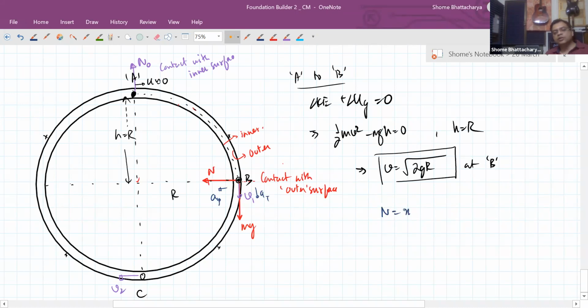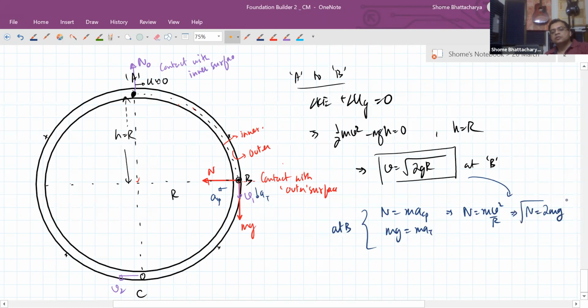So N will be equal to mass into centripetal acceleration, or mv square by r. At B again, mg will be equal to mass into tangential acceleration. So substitute this now. So N will become 2mg and tangential acceleration will become g.